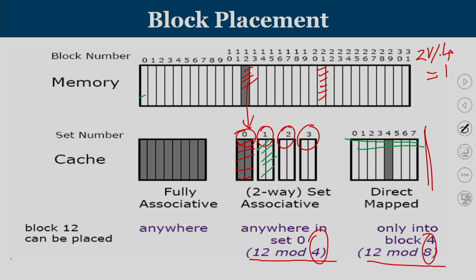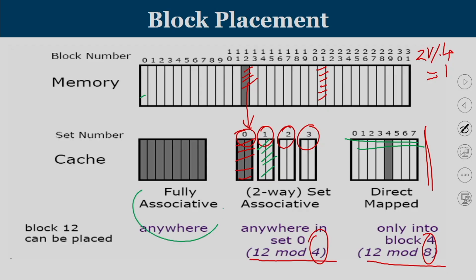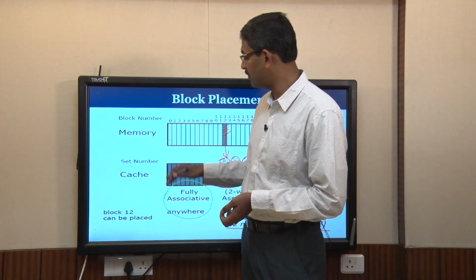So, all caches are basically set associative caches. If the number of blocks in a set is 1, we call it a direct mapped cache. If the number of sets is equal to 1, that means all blocks correspond to one set, then we call it a fully associative cache. In a fully associative cache, there is no restriction, a block can be placed anywhere.